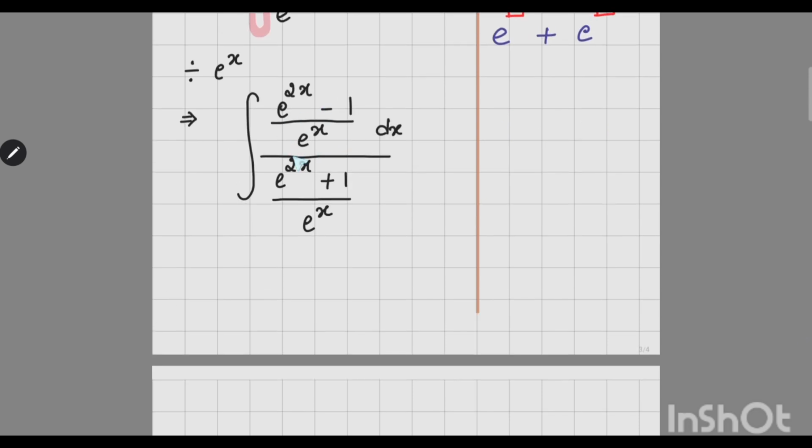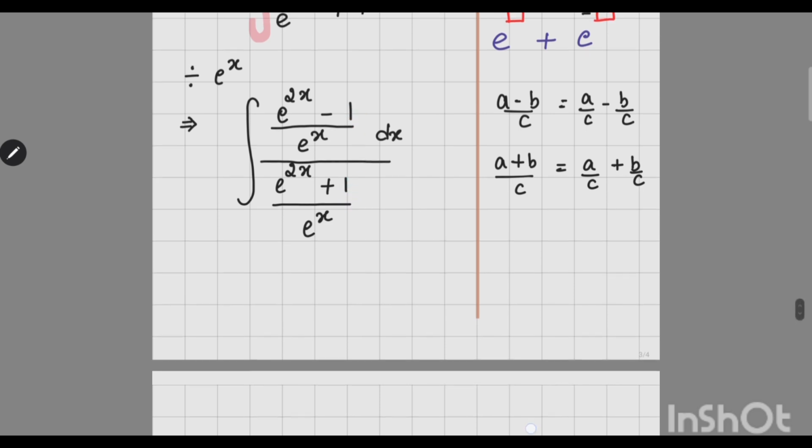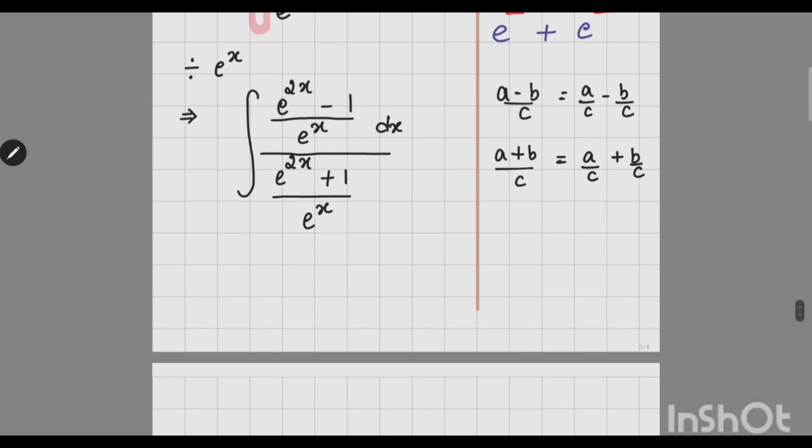Now how to simplify this? This is in the form of a minus b by c, which is a by c minus b by c. Then again in the denominator it is a plus b by c, which can be written as a by c plus b by c. So our main idea is to change this 1 here, in both numerator and denominator, and introduce the exponential function.